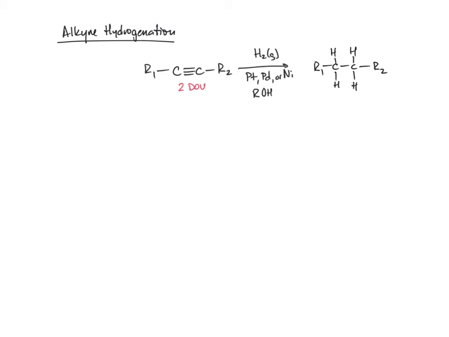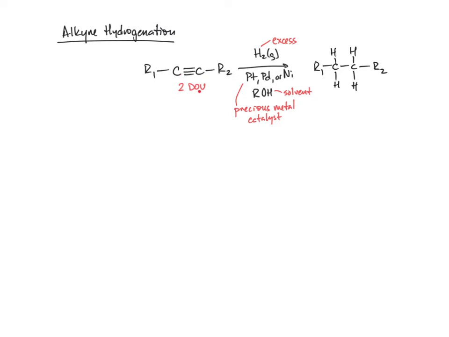And we're going to treat that with excess hydrogen gas in the presence of a precious metal. So a transition metal such as palladium, platinum, or nickel. So these are catalysts. And then the solvent, which is typically an alcohol, so a polar protic solvent. And so what that's going to do is add 2 equivalents.